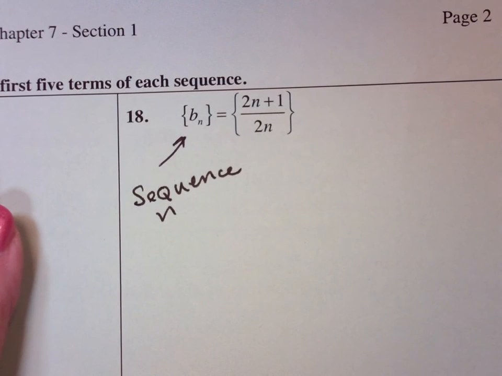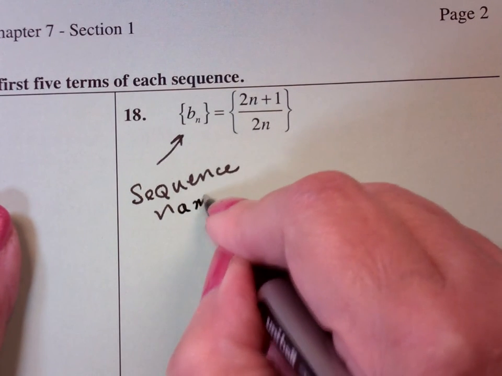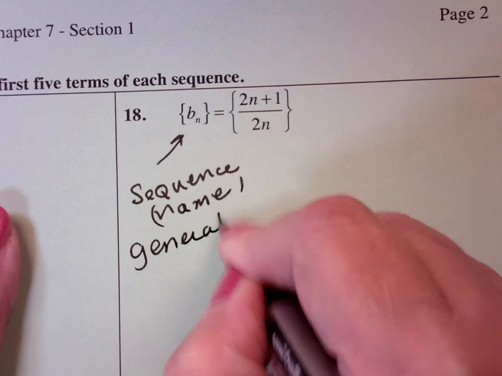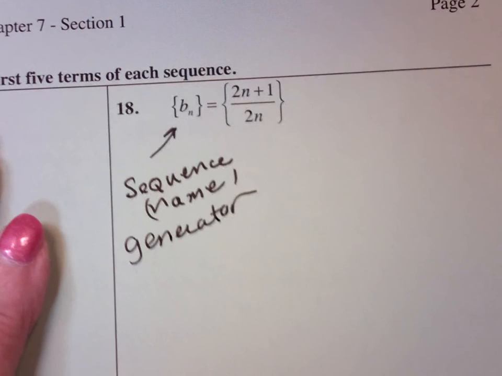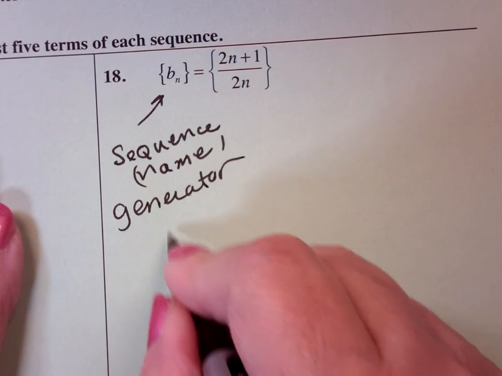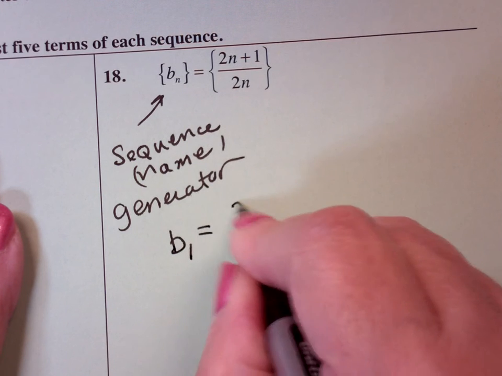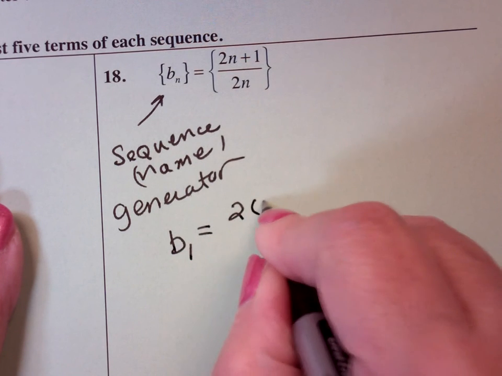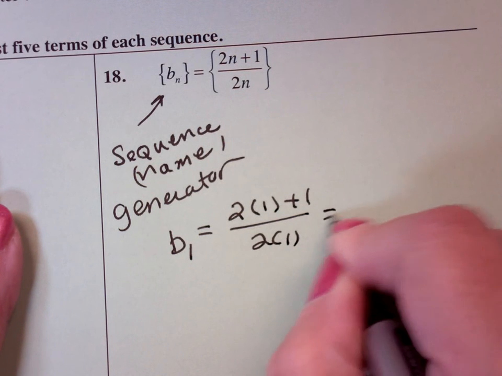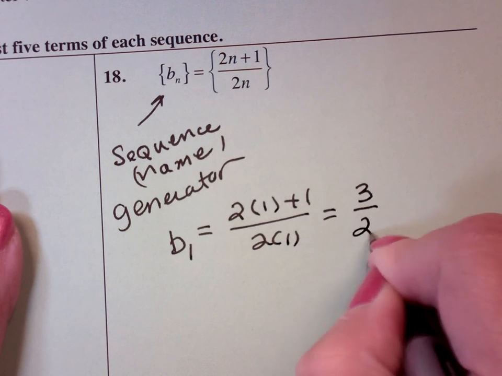Sequence generator, again, B sub n is the sequence name, but for me it's always the generator. And I want the first 5 terms. So B sub 1, and by the way, sometimes you'll see a pattern, is 2 times 1 plus 1 over 2 times 1, which is going to be 3 over 2.